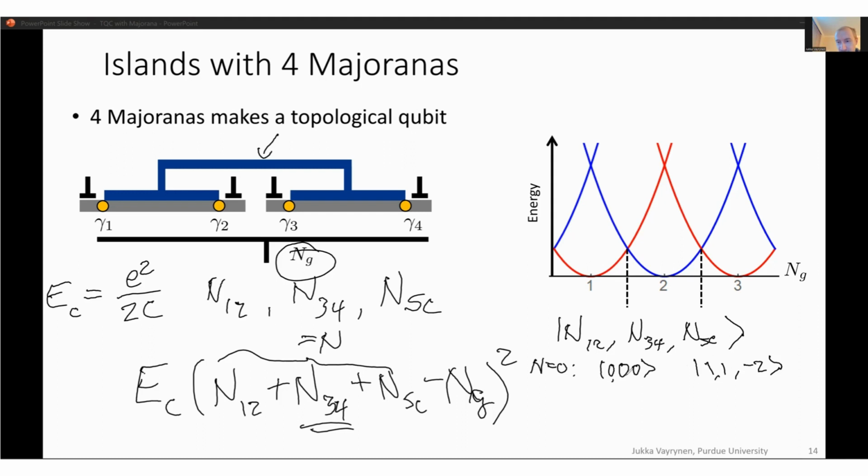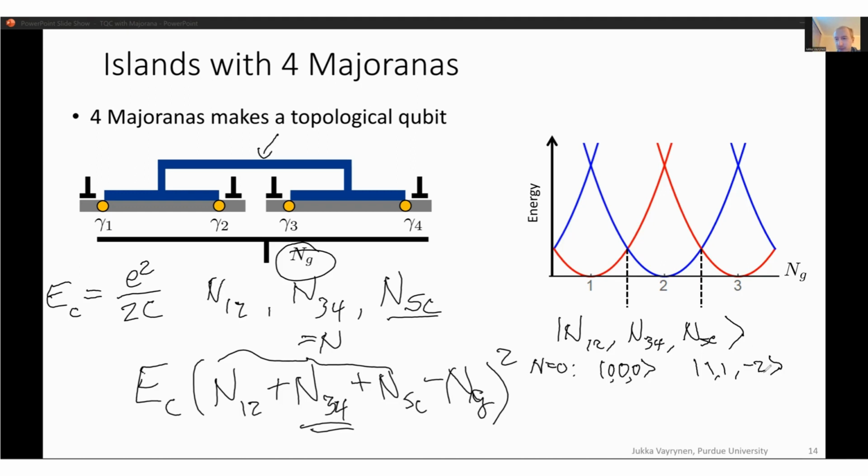Yeah, I should have maybe mentioned that I'm assuming the superconductor, this NSC number of electrons, is measured from some background. Typically, there's at least 1 billion electrons in the superconductor. And when I say minus 2, I'm measuring with respect to that background of, let's say, 1 billion electrons, which is basically determined by the neutrality of the whole system.